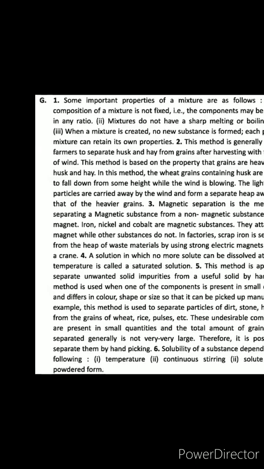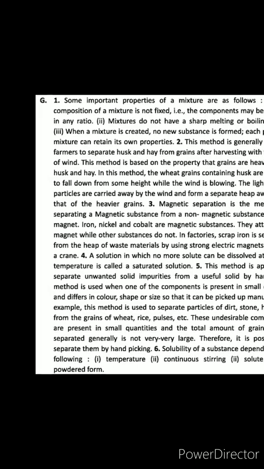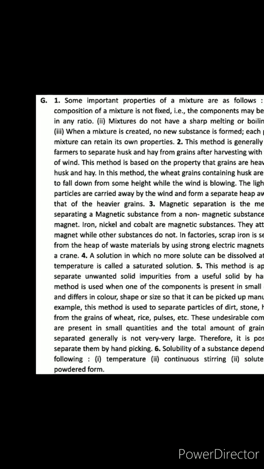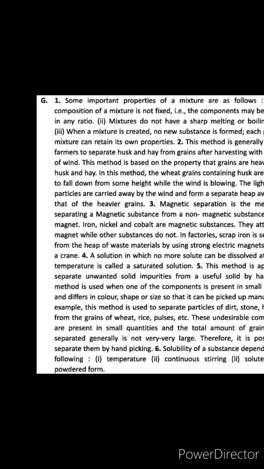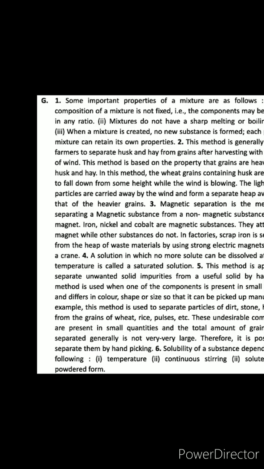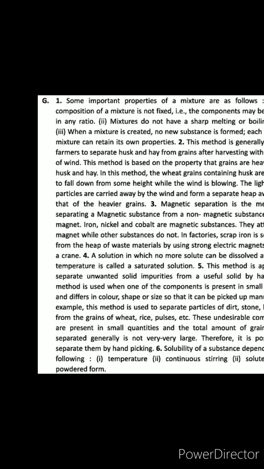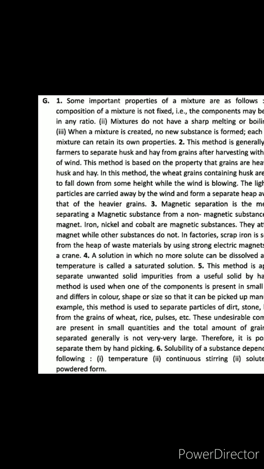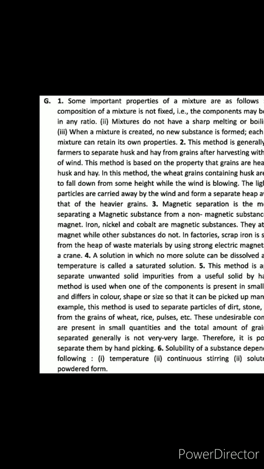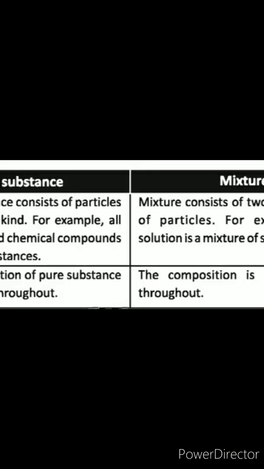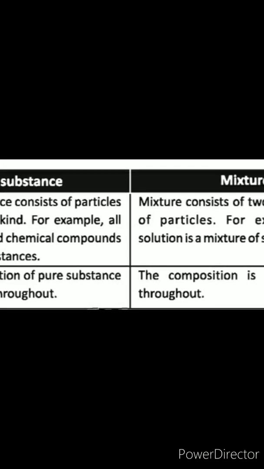Next, second point, the composition of a pure substance is the same throughout. If we take a sample from anywhere, it will be the same. In a mixture, the composition will not be the same throughout. Third point, pure substances have a definite melting point, boiling point, and density.